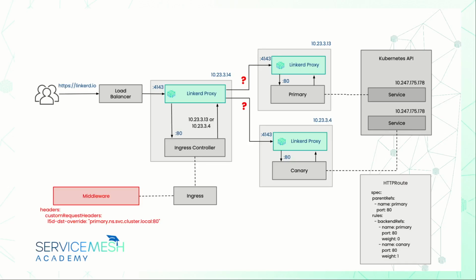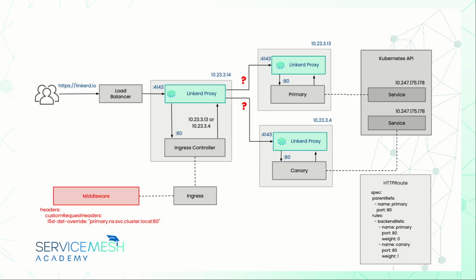So before we go forward, let's recap all the moving parts. The ingress controller without the service annotation is resolving the service and is returning a pod IP based on the load balancing algorithm. Then we add the custom request header, which is adding an additional header to the outbound of the ingress controller, in this case pointing to the primary service.